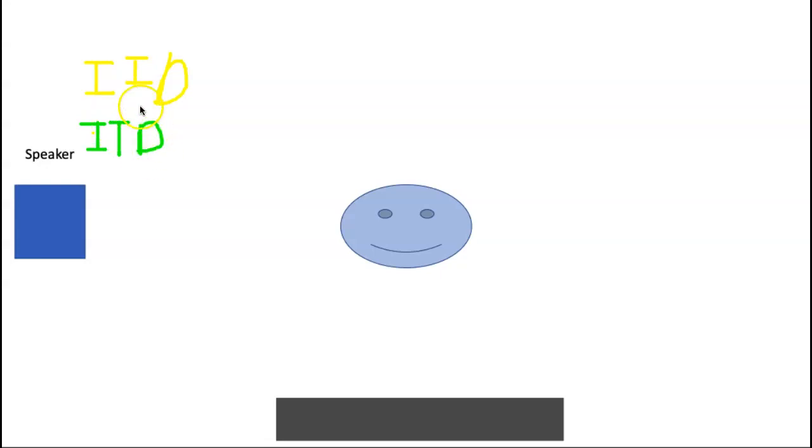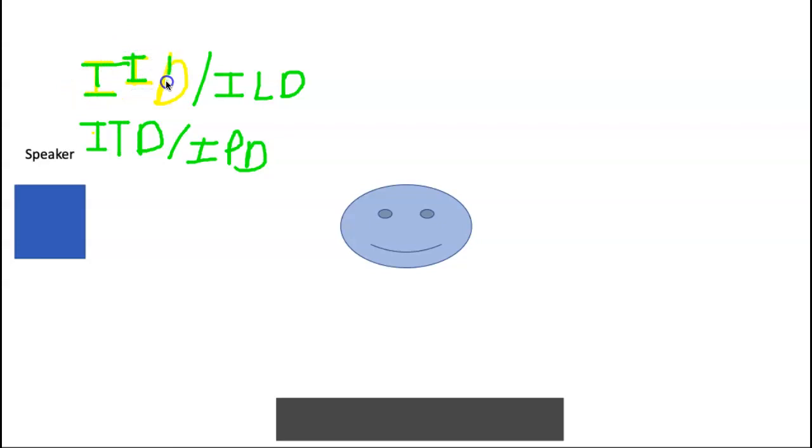Okay, these are the two cues, interaural timing or phase, you might see it this way, or interaural level differences. Okay, make them all the same color. All right. So those are the two sets of cues.